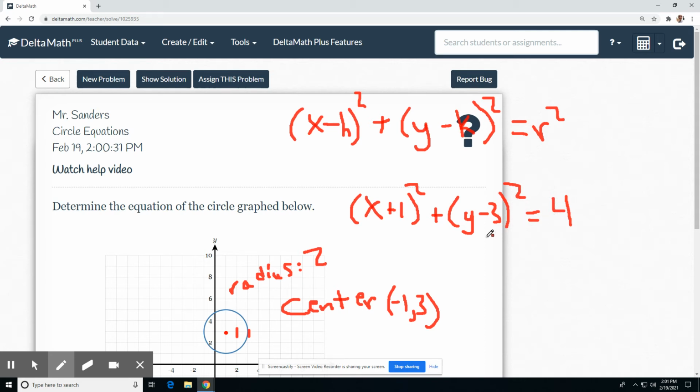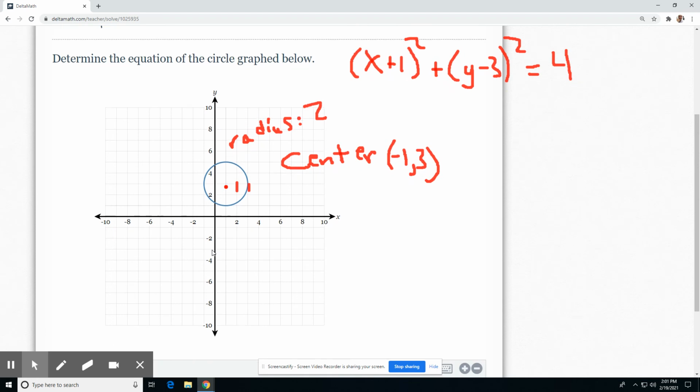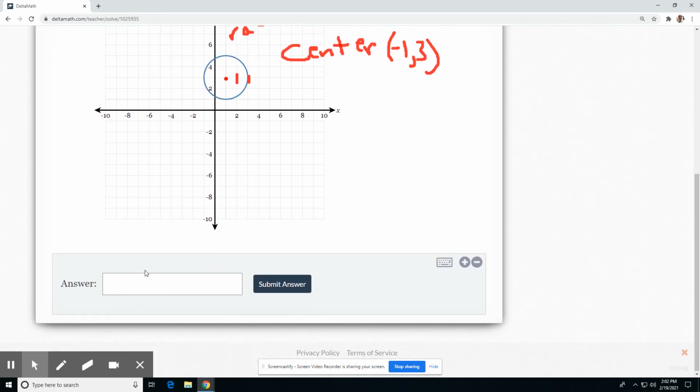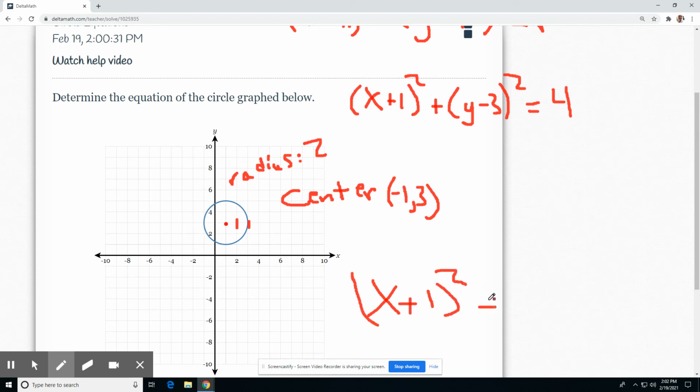So you can use my last technique of just plugging things in and simplifying, or starting to transition over into plugging it directly into the equation and getting used to how it looks. Either way is fine. I like showing multiple methods. All right. So what was it? X plus 1 squared plus y minus 3 squared equals 4.